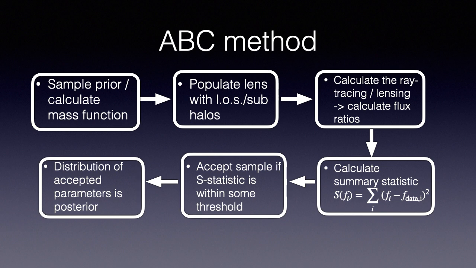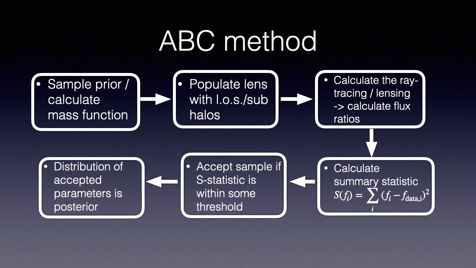The mass function again is just the statistics of essentially the population of dark matter halos. And so the next step is to then populate your lens with a specific realization of line of sight halos and subhalos. With these halos in place, you can then do the ray tracing and hence the lensing calculation.